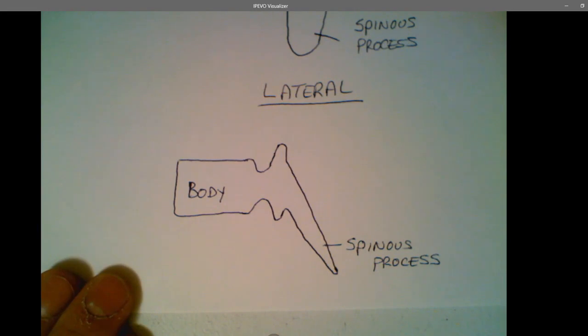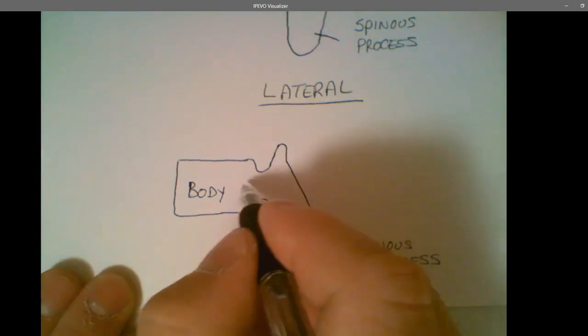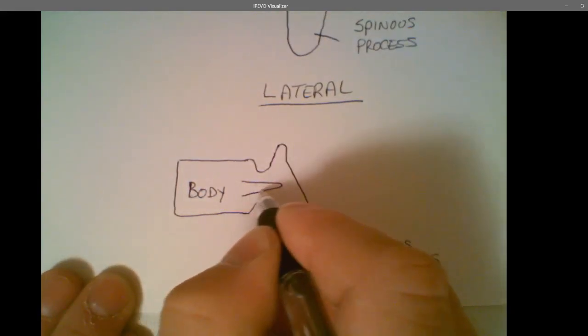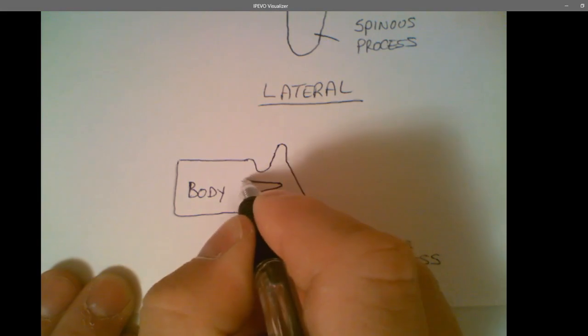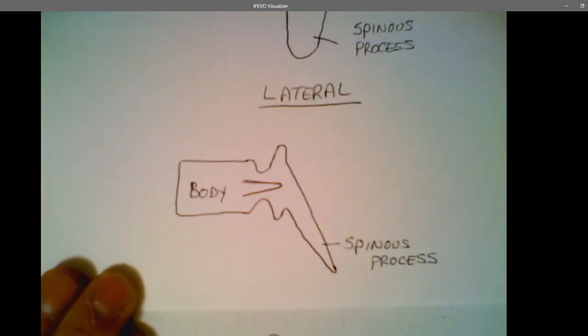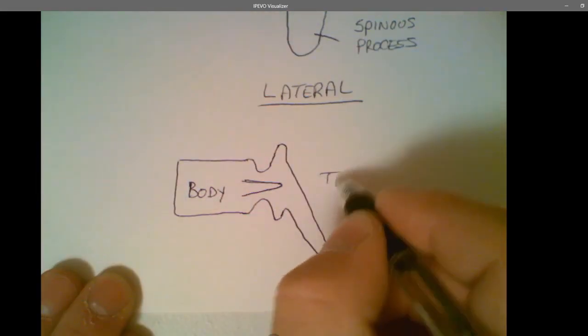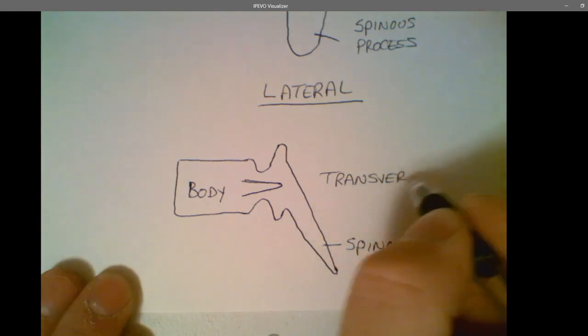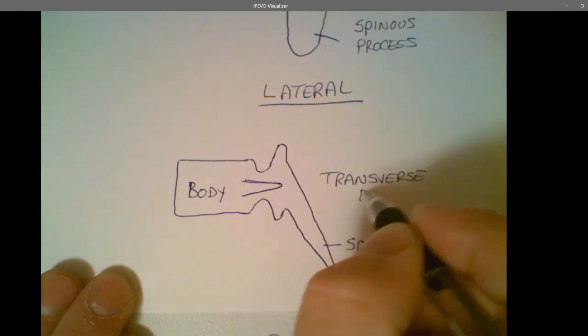And then we do have the lateral or transverse processes. We can draw those in kind of like this because they are on the side of the vertebrae. So I can label those the transverse process.